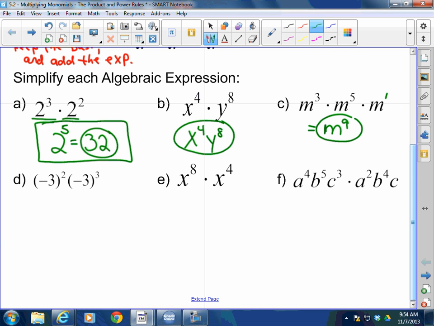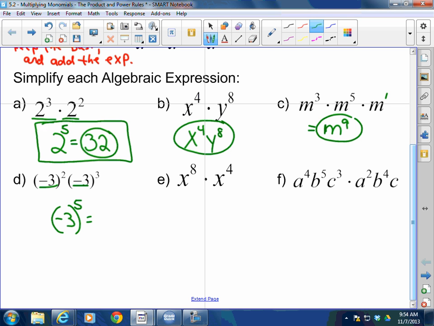Thank you, sir. Negative 3 squared times negative 3 squared. What's the base here? Negative 3 on both. They're both the same base, so please be careful. Notice how they're in parentheses. That's the base. So it's negative 3 to the 5th power.